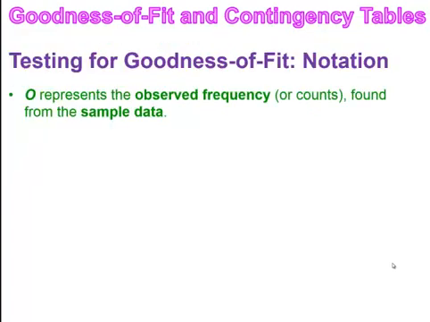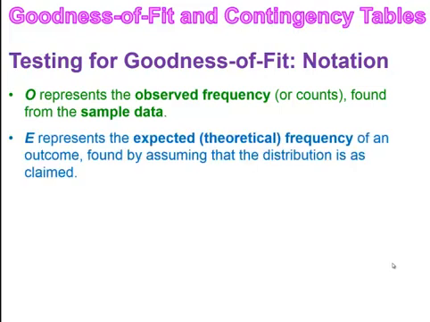So the tests for goodness of fit and their notations. The first notation is a capital O. That will represent the observed frequency or counts found by the sample data. And the capital E will represent our expected or theoretical frequency of an outcome, and it's found by assuming that the distribution is as claimed.